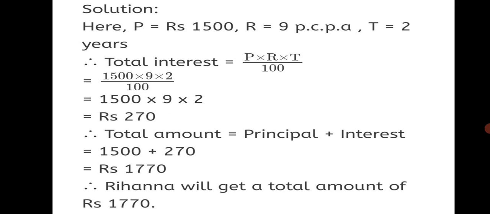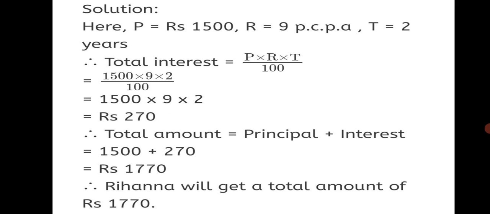Therefore, total interest is equal to P into R into T upon 100 is equal to, now substitute the values. For P, write 1500 into R is 9 into T is 2 upon 100. On reducing these zeros, you will get 1500 into 9 into 2.